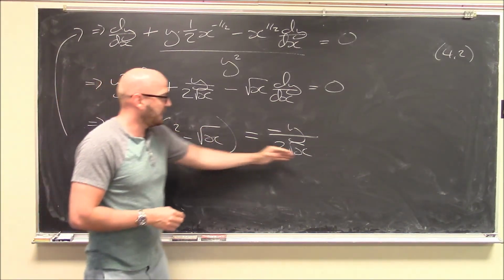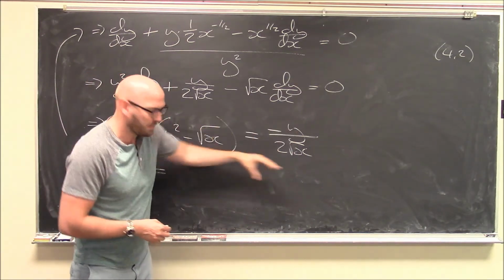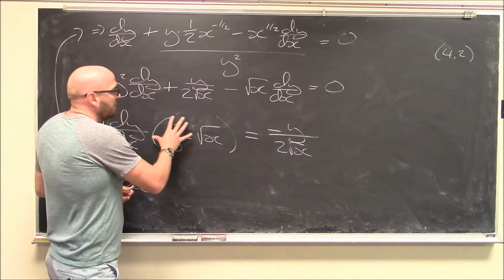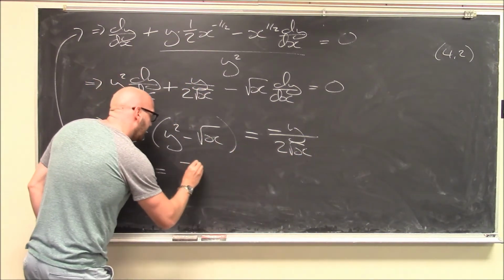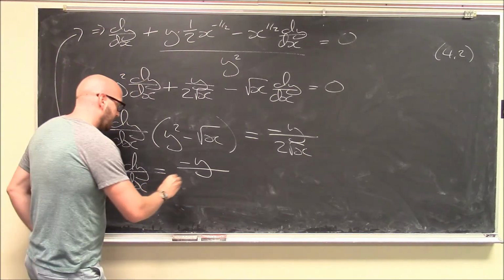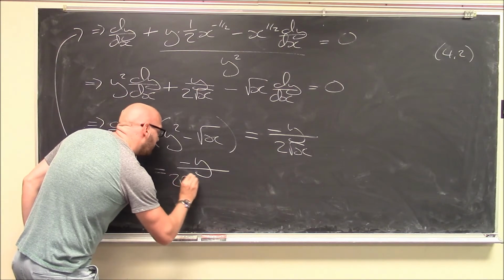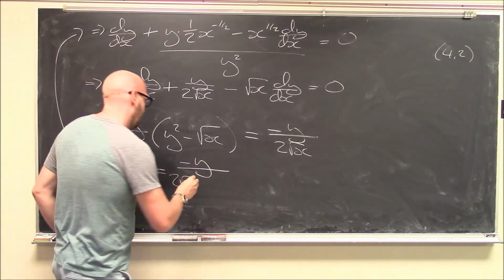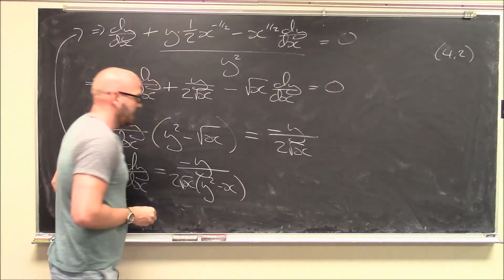But when you divide by it, the way you divide fractions, if I wrote this one fraction divided by another, you flip and multiply. What ends up happening is this just ends up in the bottom over here. You can check that if you don't believe me on the algebra. So this is just minus y over 2 root x times y squared minus x.